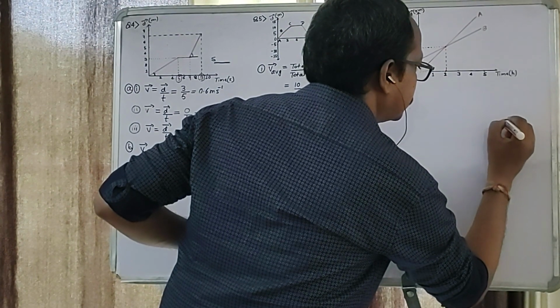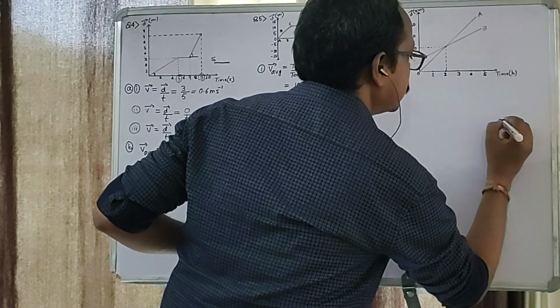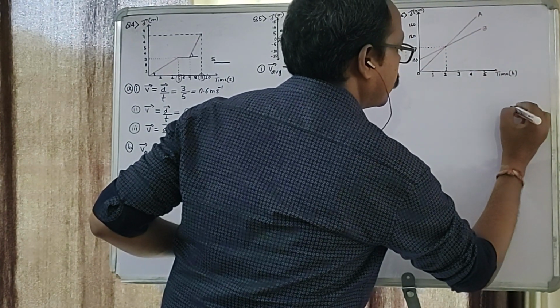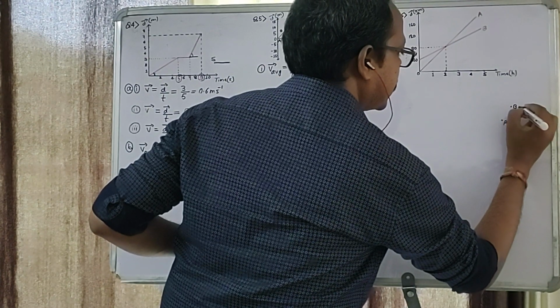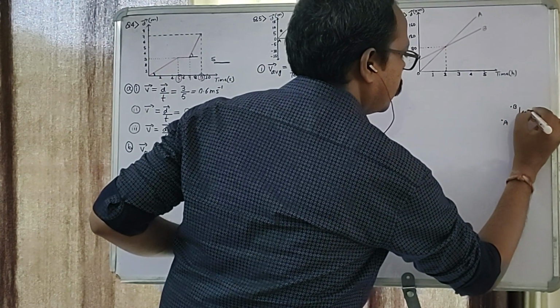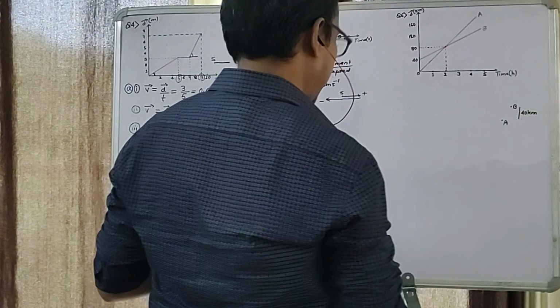Car A is here, at 0, and car B is 40 kilometers ahead of car A. This is what is shown here.